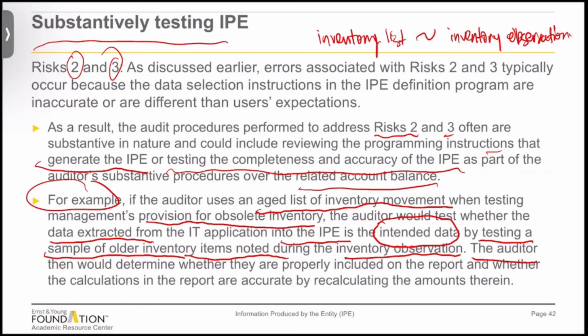The auditor would then determine whether they are properly included on the report. So, if you have noted obsolete items during the inventory observation, that should be included in the inventory list that would be used to determine the provision for inventory obsolescence. And further, whether the calculations in the report are accurate by recalculating the amounts therein.